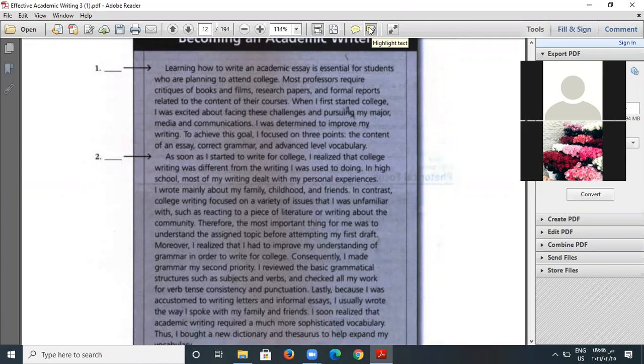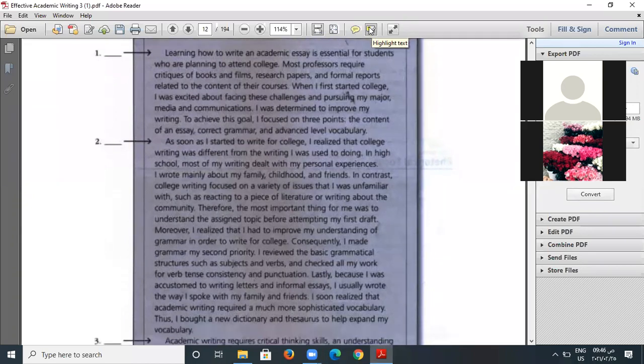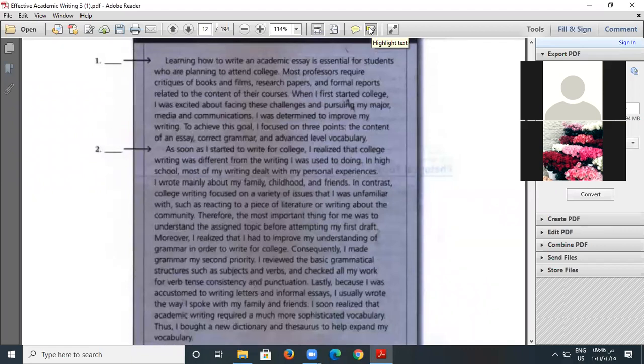I soon realized that academic writing required a much more sophisticated vocabulary. Thus, I bought a new dictionary and thesaurus to help expand my vocabulary.